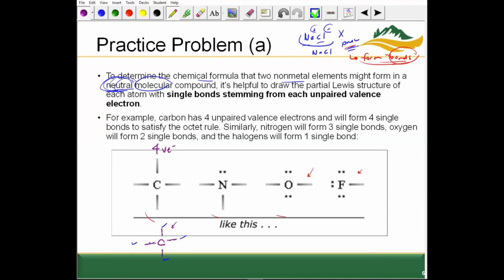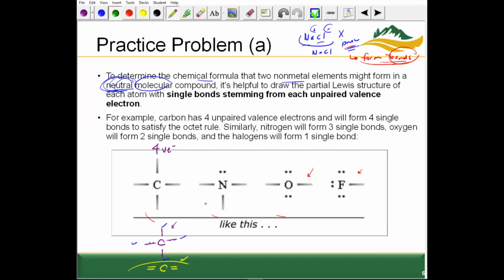Here I'm showing all these as single bonds. Carbon can also form double bonds. In the problem we were given, we're told just to think about the single bonds. Carbon participating in double bonds would look something like this, and we'll come back to different double bonding and triple bonding structures, or structures that contain double and triple bonds.